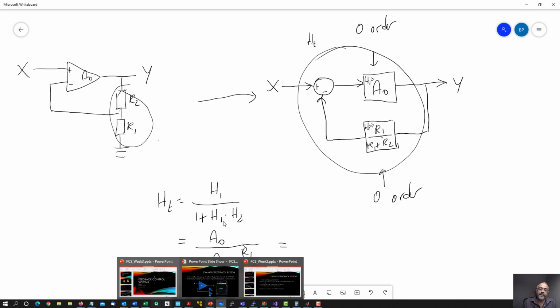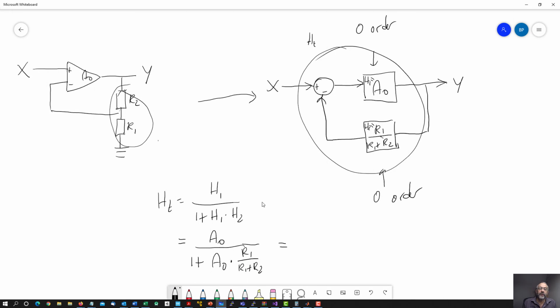Notice that this is, again, a constant. We only have A0, which is a constant, and R1 and R2 in it. They are all constants, so this will be a constant value again. So also the whole system will be zero order. It will just multiply its input with a certain value.